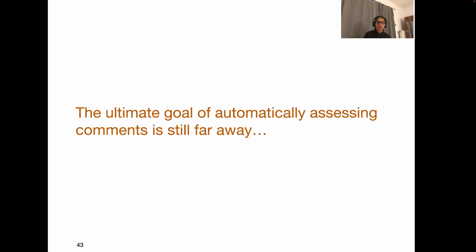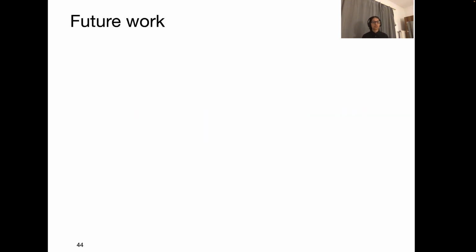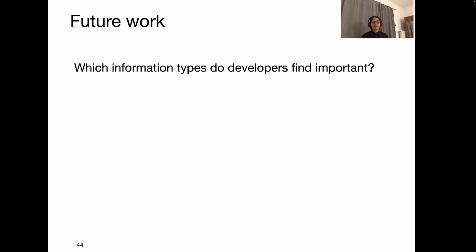The ultimate goal of automatically assessing comments is still far away. There's a lot of knowledge required for us to establish these techniques: what is inside, how to extract it, how to assess it. So we envision various future directions for this. For example, which information types do developers find important among these 23?